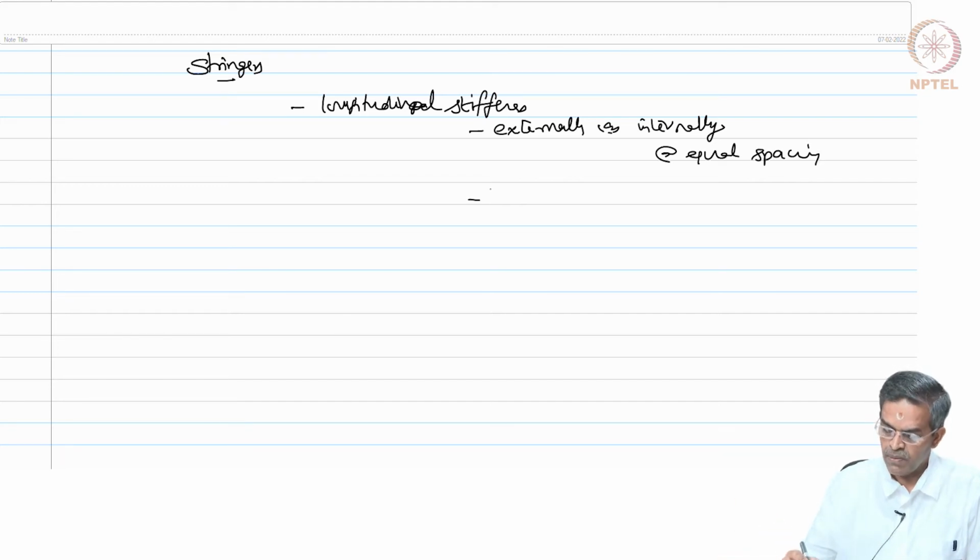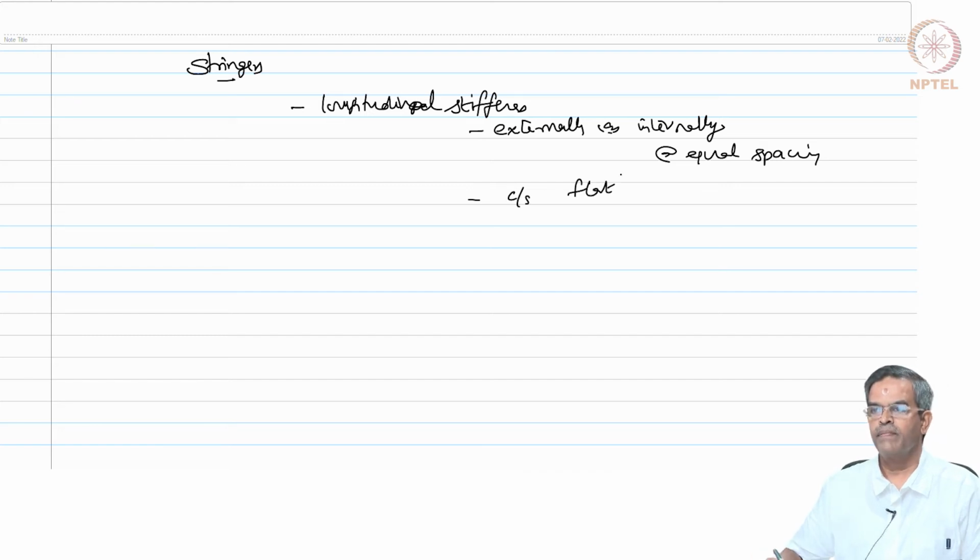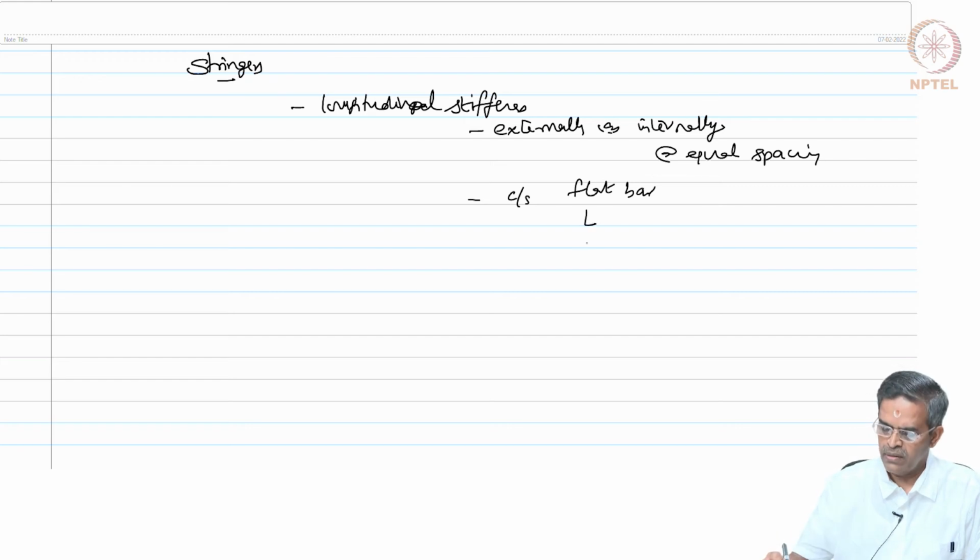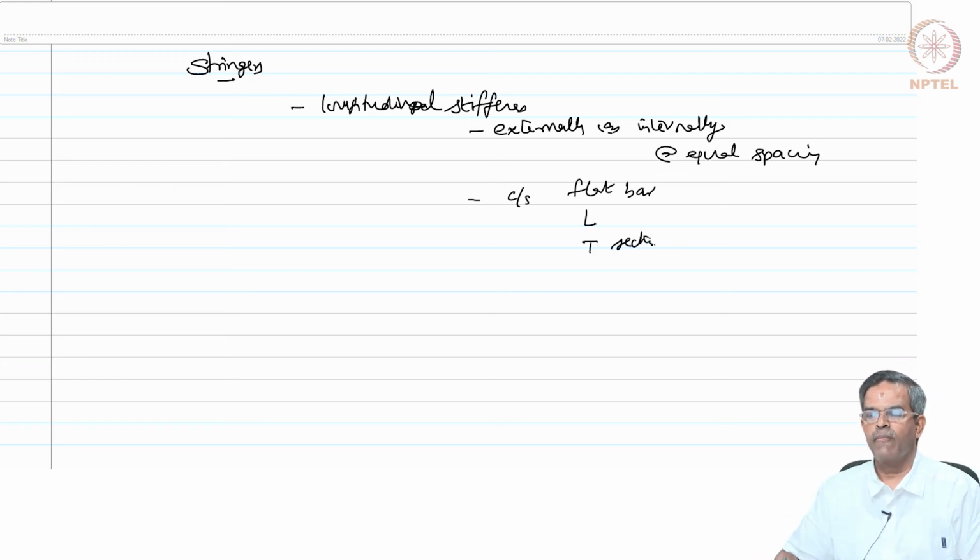These stiffeners can be of different cross sections. There can be a flat bar, there can be angles, there can be T sections and so on. They are generally integrally welded to the shell and they help in resisting the lateral loads.